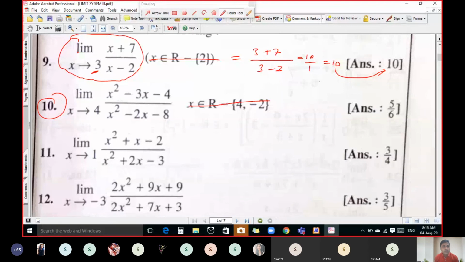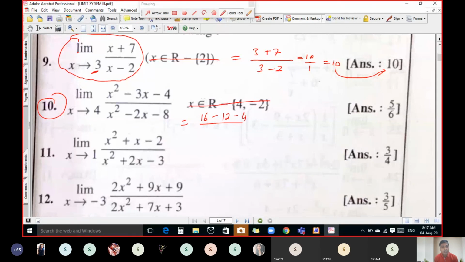Question number 10. Limit x tends to 4, this, and just forget this. Now put x equal to 4 here. In the numerator, putting 4: 4 square is 16, minus 3 4s are 12, minus 4.